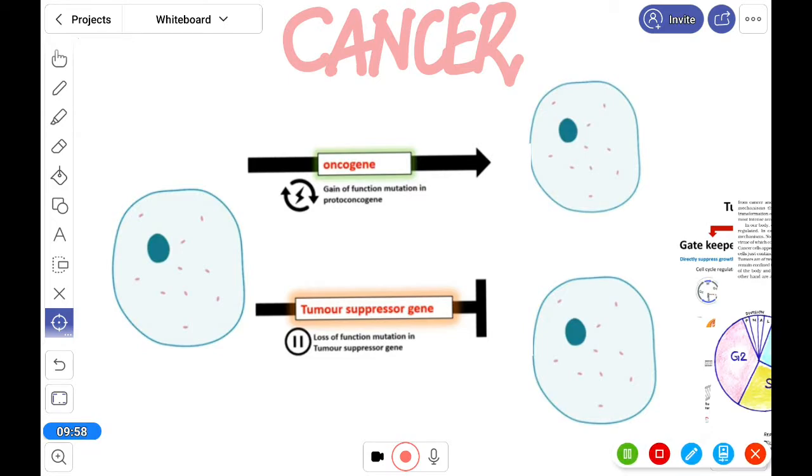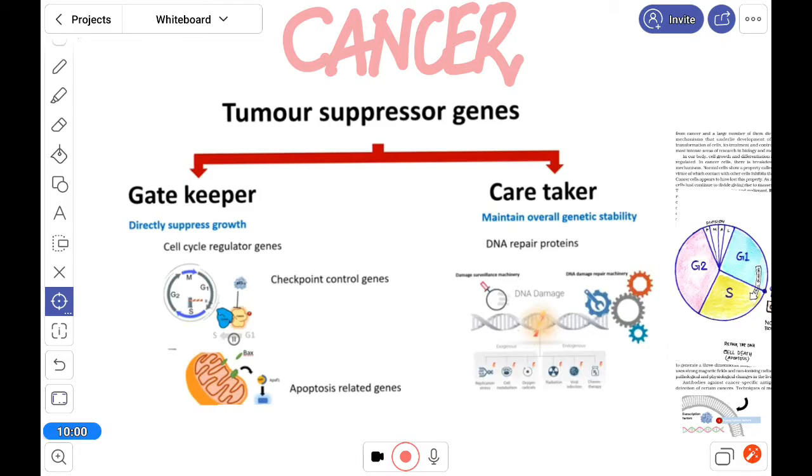In the tumor suppressor gene, look here, it acts in two ways: as a gatekeeper and as a caretaker. Gatekeeper means it regulates the cell cycle. Look at the arrow here, it acts like a gatekeeper.